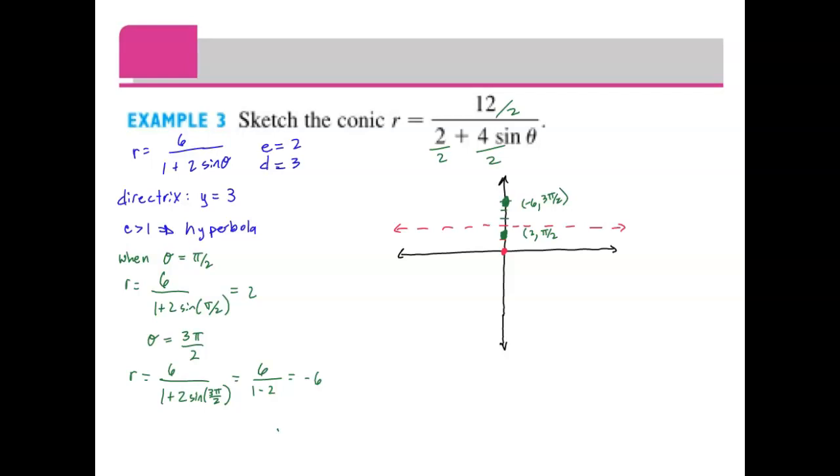So to find the asymptotes, we can just look at when the denominator equals 0. Which is to say when sine theta is -1/2, right?